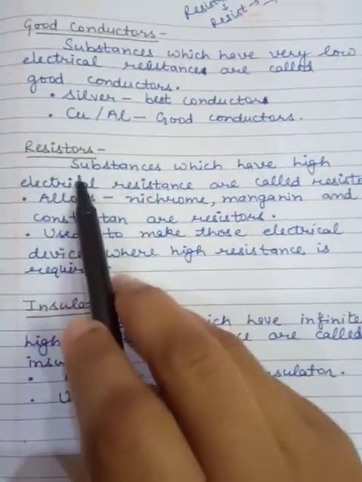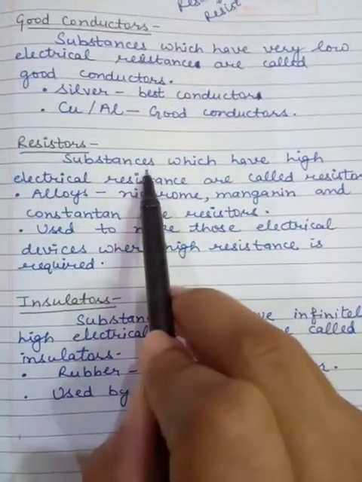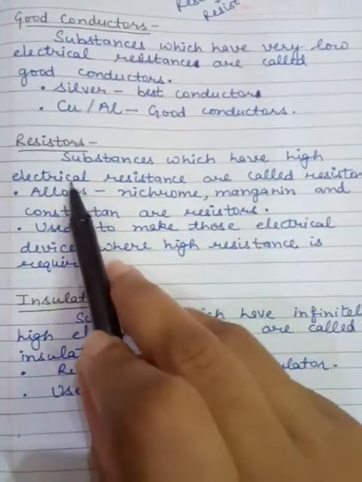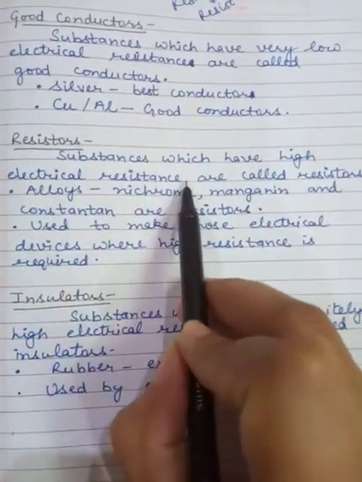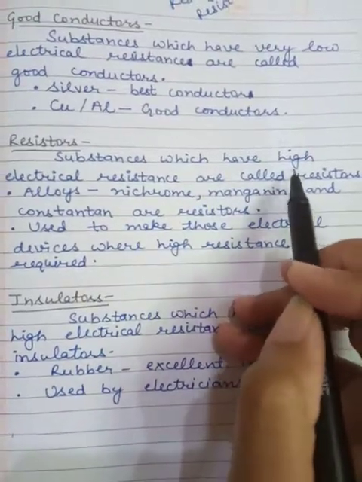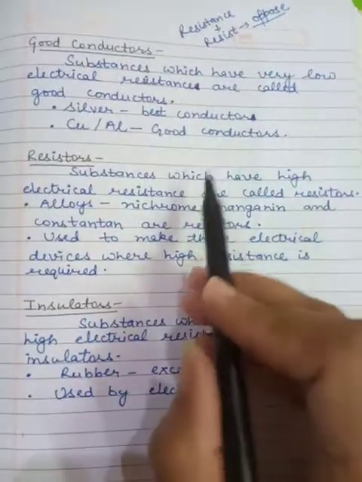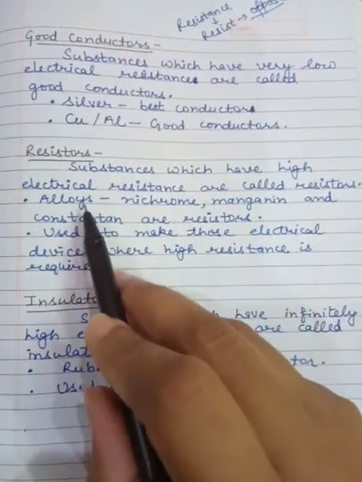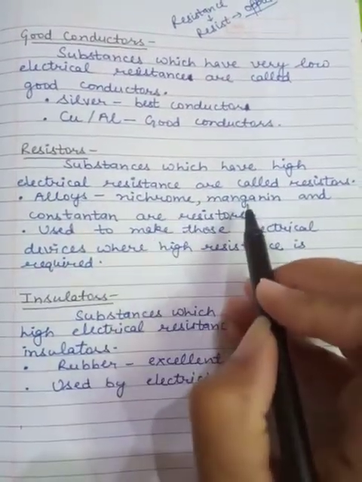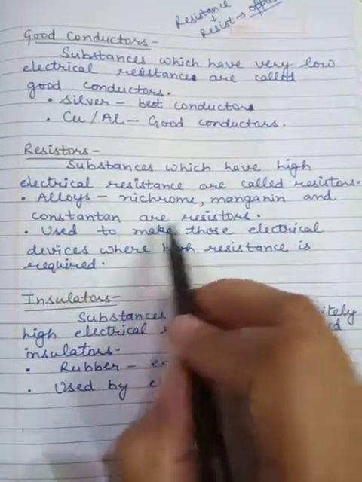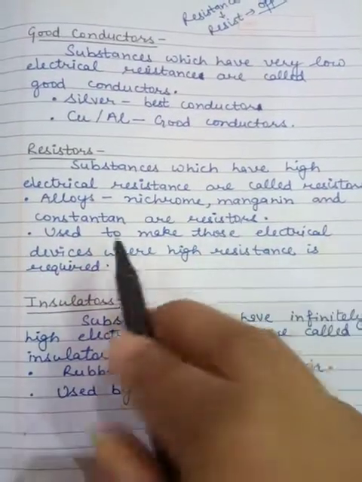Next one is resistors. Resistors are the substances which have high electrical resistance. High electrical resistance means they will oppose the flow of current through them. Alloys like nichrome, manganese and constantan are resistors.